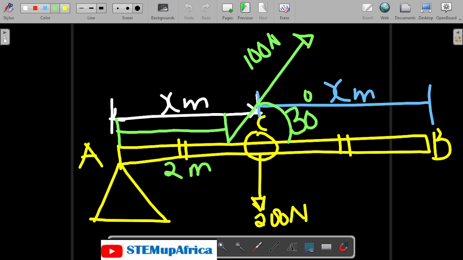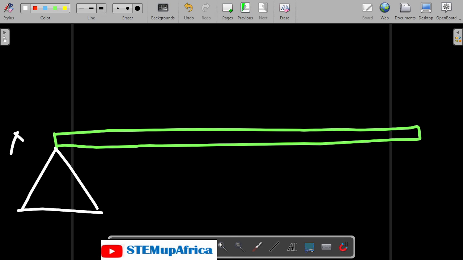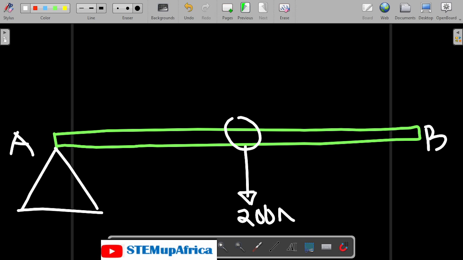So for clarity, let me redraw this diagram. So we are having a situation like this now. Here we have a pivot, and here is point A, and here is point B. The rod is at the center, which is 200 Newton.